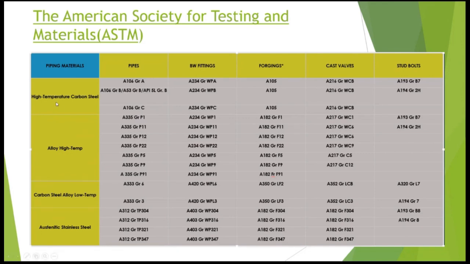So in general, we have different materials like carbon steel, alloy steel, high temperature alloy steel, low temperature, and the austenitic stainless steel. We do have other categories, but these are the majorly used. For example, let us take a Samsung mobile.